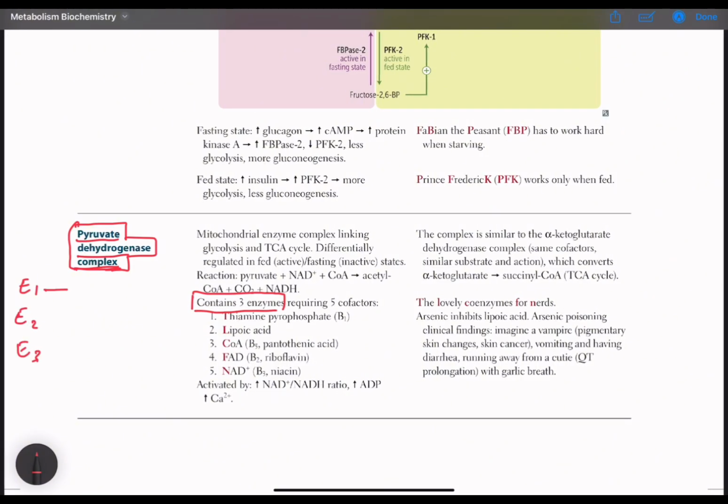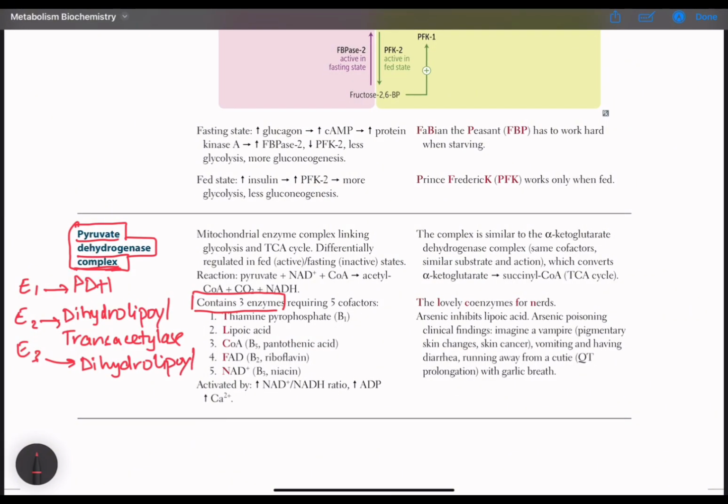The E1 subunit is known as pyruvate dehydrogenase. The E2 subunit is known as dihydrolipoyl transacetylase, while the E3 subunit is dihydrolipoyl dehydrogenase.